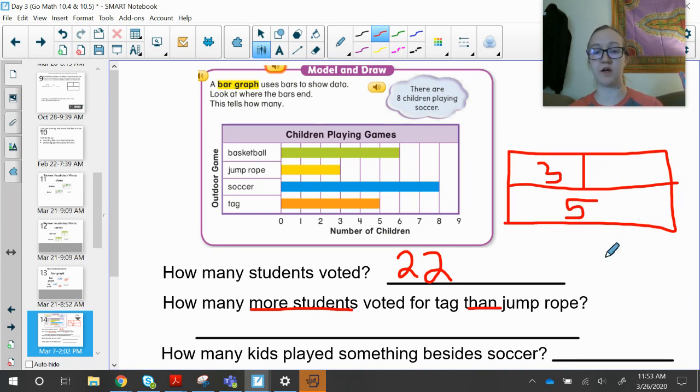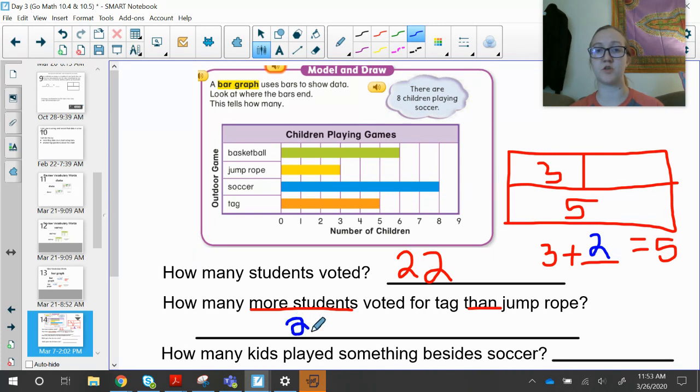played tag than jump rope. So if I do 3 plus what equals 5, I bet many of you have already thought about it, and my answer is 2. I had 2 more students want to play tag than jump rope.